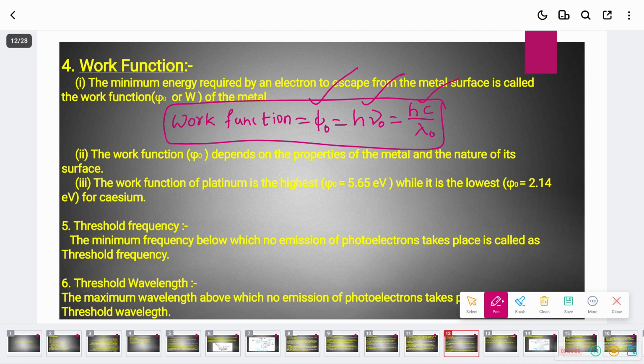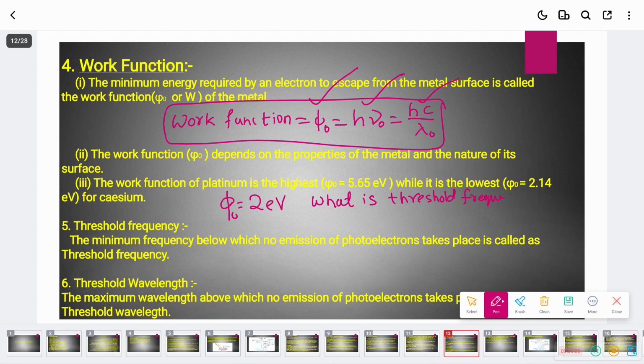All of you listen. They will give you the work function as 2 electron volt. What is threshold frequency? Can you calculate it? Phi naught is 2 electron volt. How to calculate?